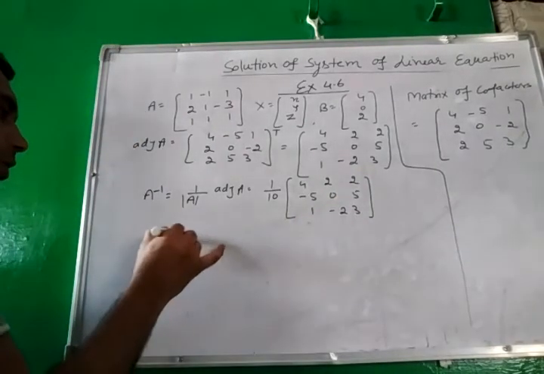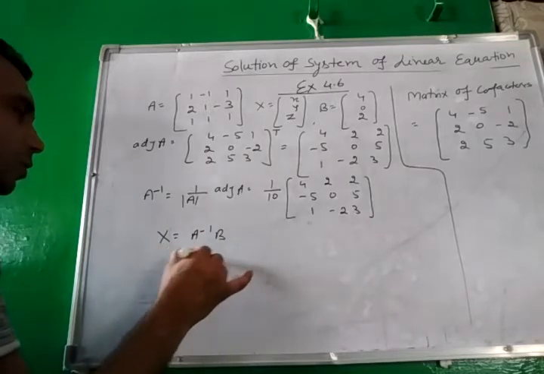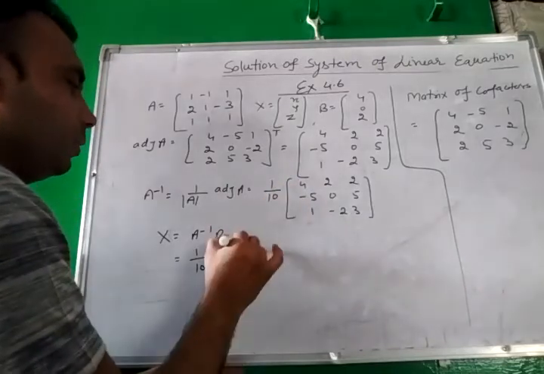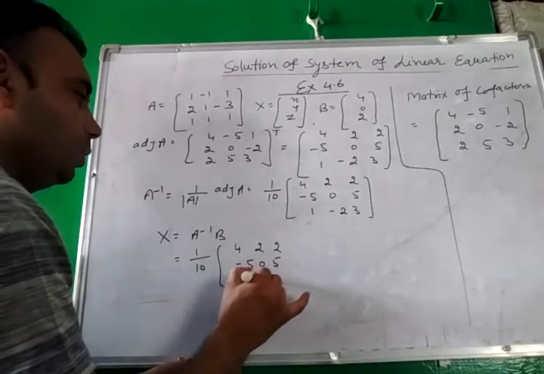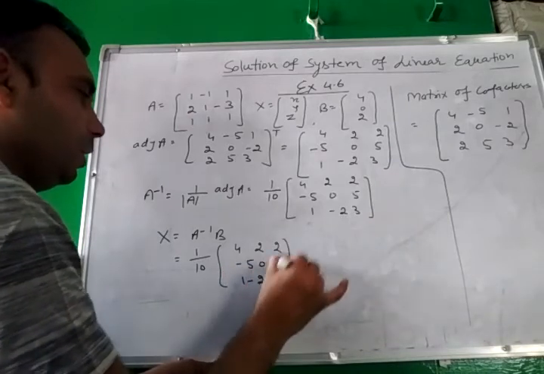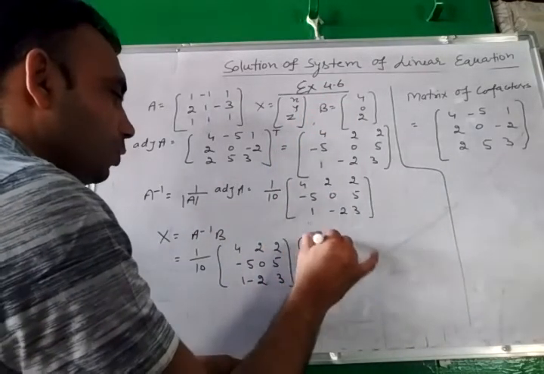X is equal to A inverse B. So 1 upon 10 into 4, 2, 2, minus 5, 0, 5, 1, minus 2, 3 multiplied with B. What is B? 4, 0, 2.